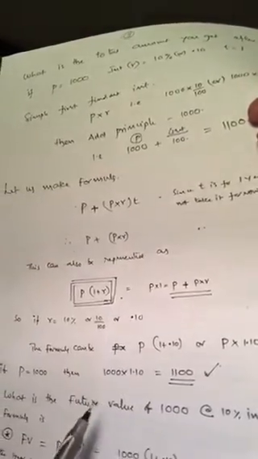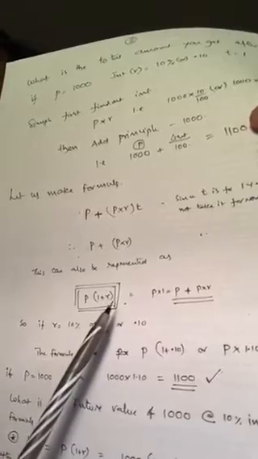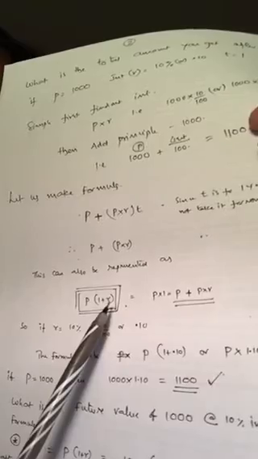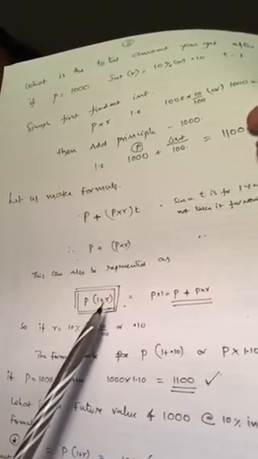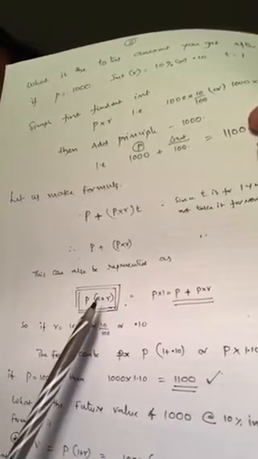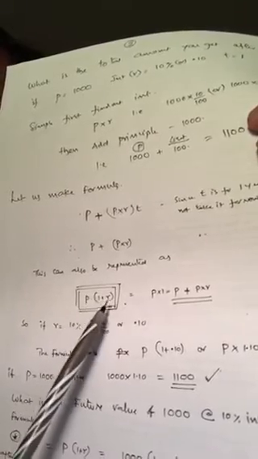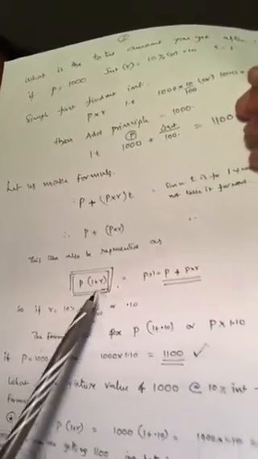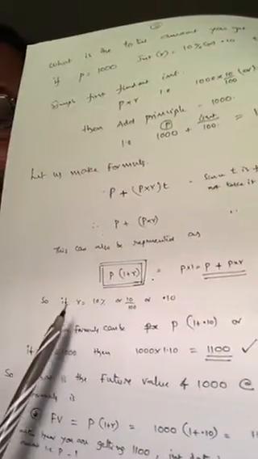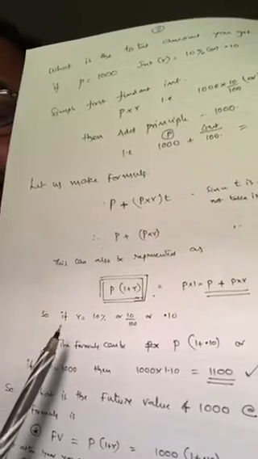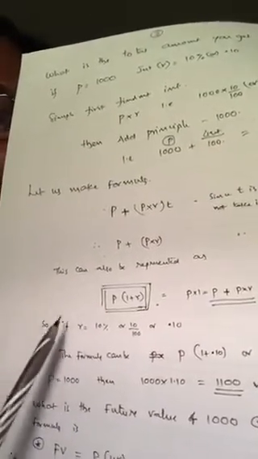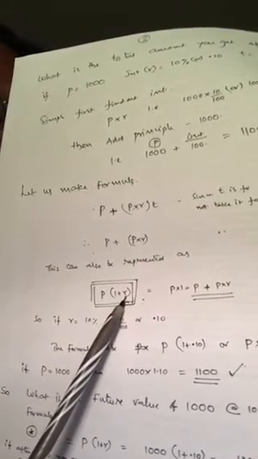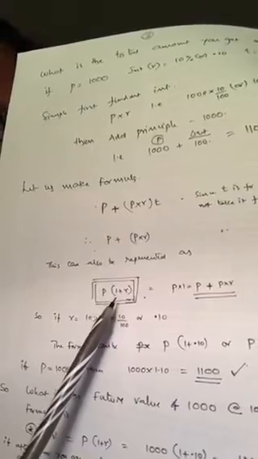Let us imagine now R is 10%. It can be represented as 1 plus 0.10. So P into 1 plus 0.10, that is 1.10. So P into 1.10. Now what is our P? 1000. 1000 into 1.10, how much does it come? It becomes 1100. So for arriving at the total value, the formula is P into 1 plus R.